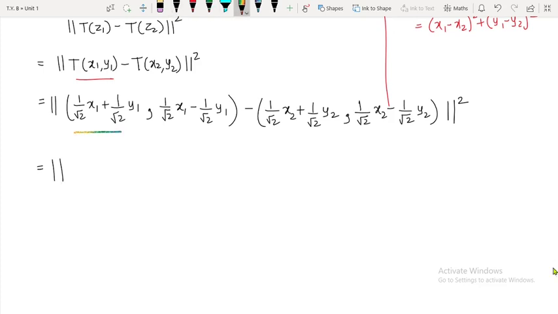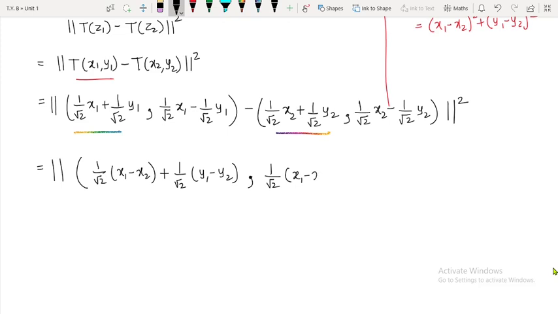So subtraction of this term and this term. So what you are going to get here? So the first coordinate will be 1 upon root 2 inside the bracket x1 minus x2 plus 1 upon root 2 again, and inside y1 minus y2, this will be the first coordinate, comma the second coordinate will be 1 upon root 2 x1 minus x2 plus 1 upon root 2.